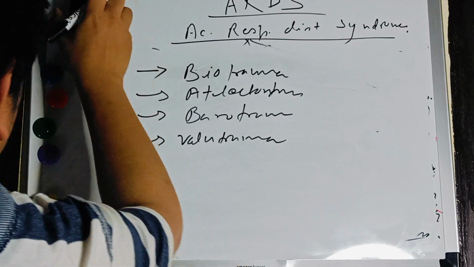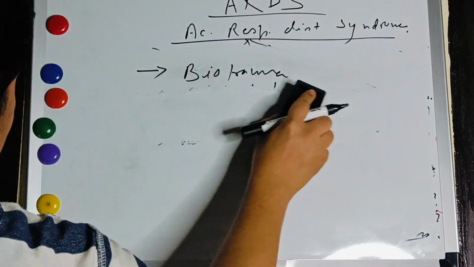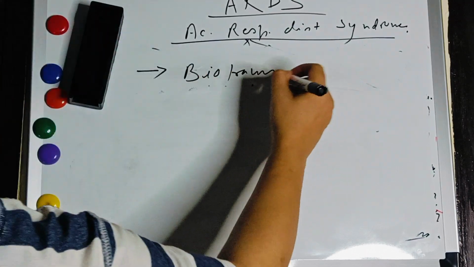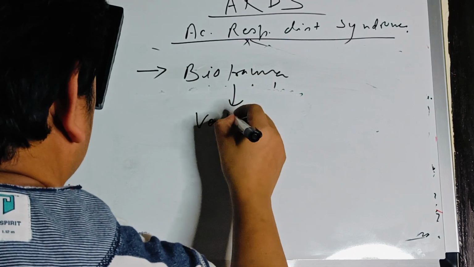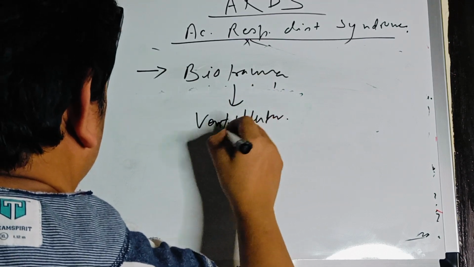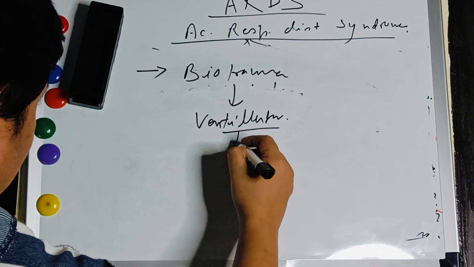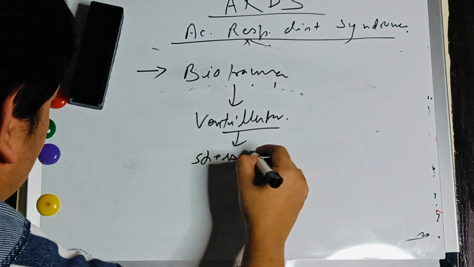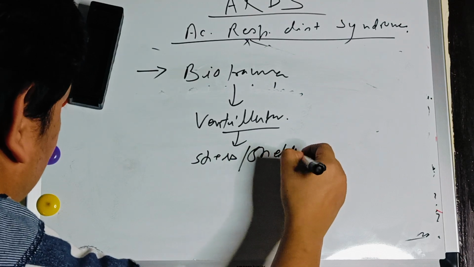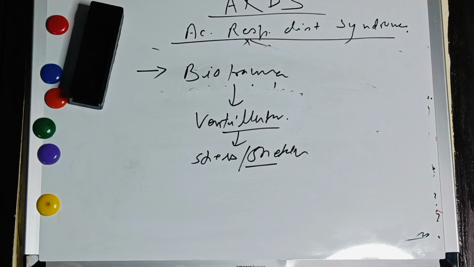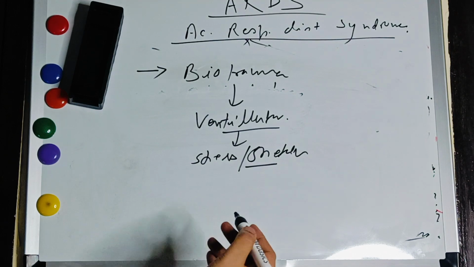What are these things? Biotrauma is when the patient is on a ventilator, and the pressure generated through the ventilator for continuous inspiration provides full control of ventilation. There is continuous stretch and stress on the alveoli, on the parenchyma of the lung.